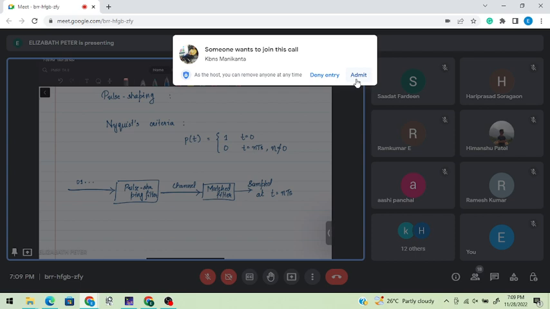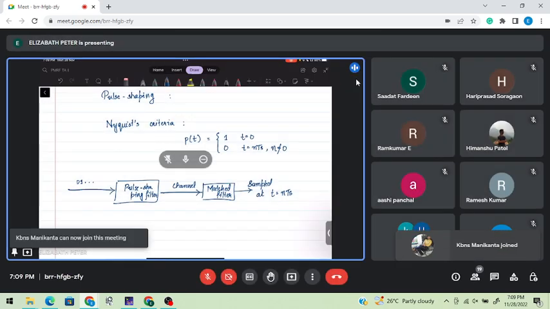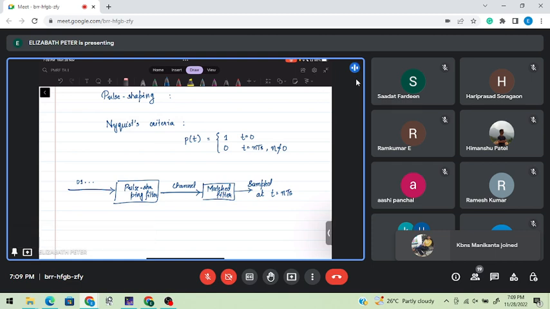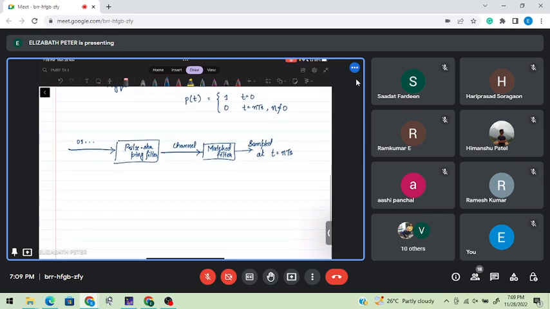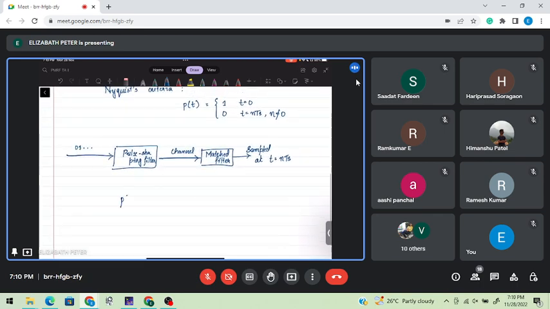To avoid ISI, what Nyquist says is that at the sampling instant only the required signal component should be present. All other things should be zero. That means the pulse shape should have regular zero crossings at the sampling instants. So this criterion: p(t) equals 1 at t equal to 0 and 0 at all other t's.